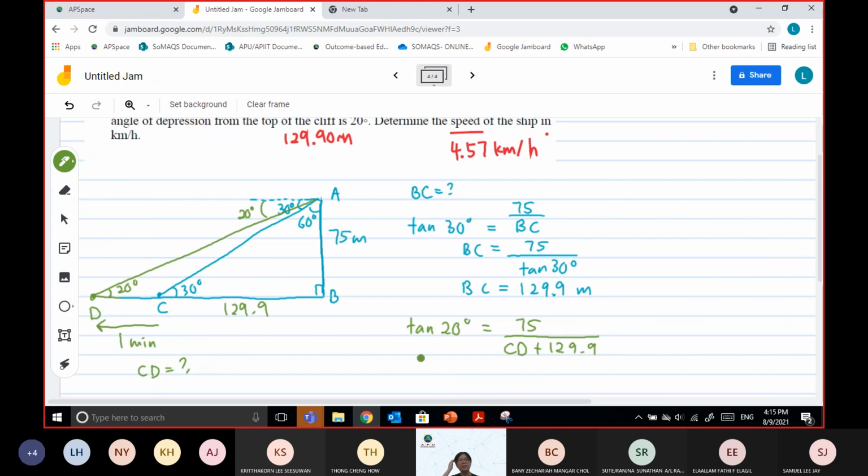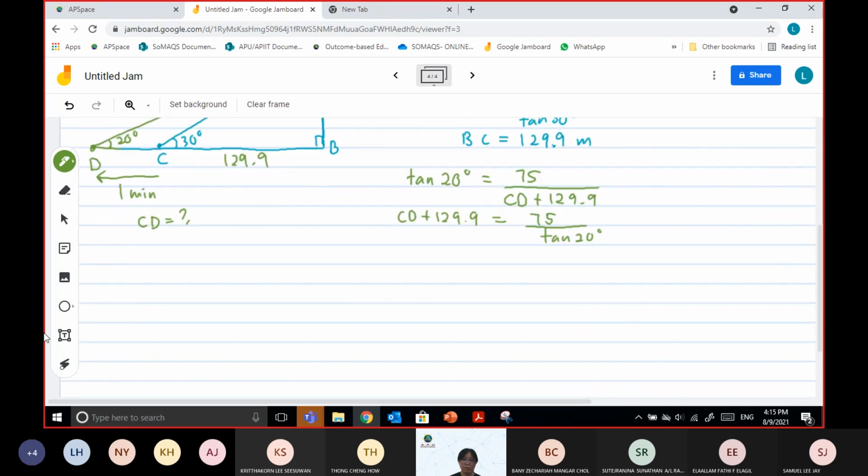So CD plus 129.9 equals 75 divided by tangent 20. We continue to solve for CD. 75 divided by tangent 20 is 206.06. So CD equals 206.06 minus 129.9, which is 76.16.